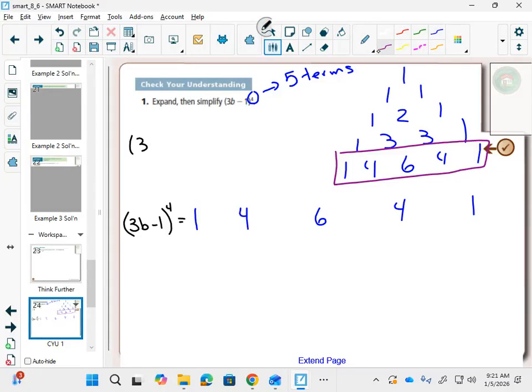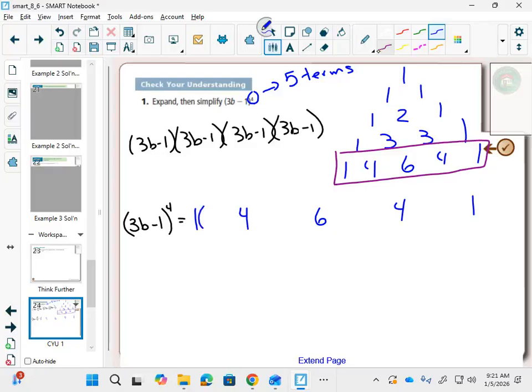Now, if you think about actually writing this out, 3b minus 1 four times. And the very first one is choosing all of the first one and none of the second one.